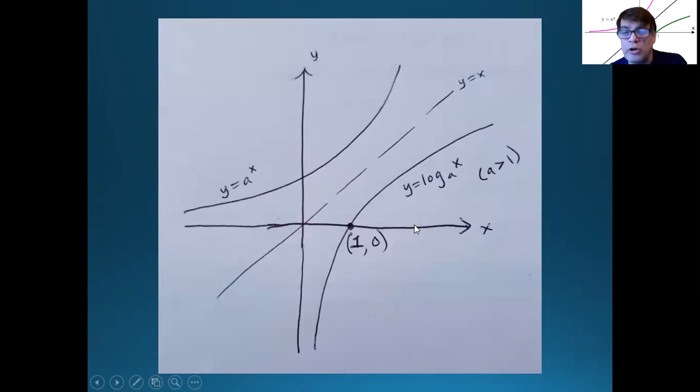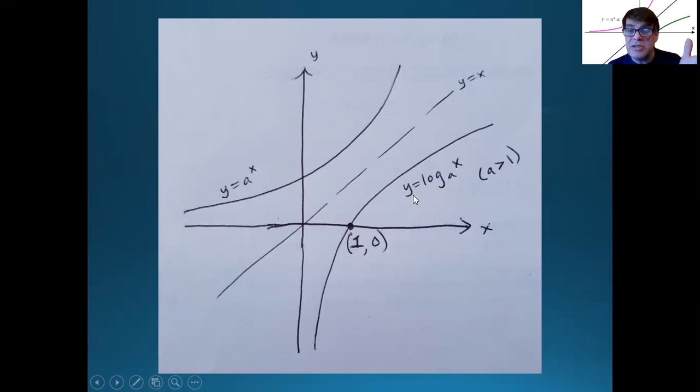Now, all logs, no matter what base we're talking about, pass through the point (1, 0). Why is this, you ask? Well, it's because the power you raise any base to in order to get 1 is 0.